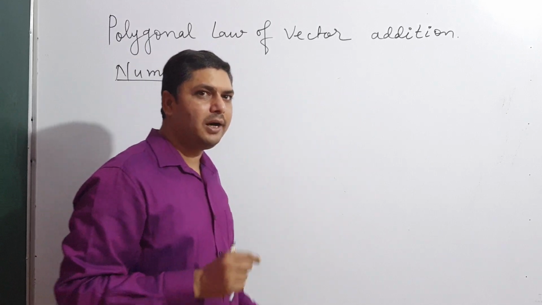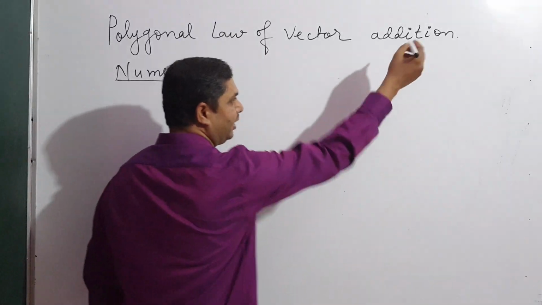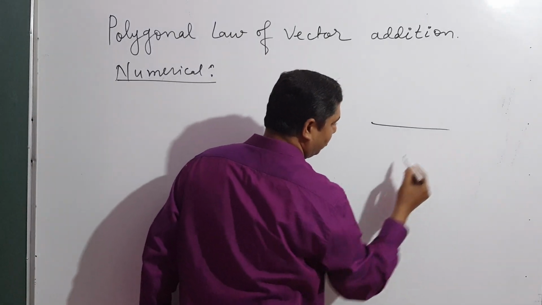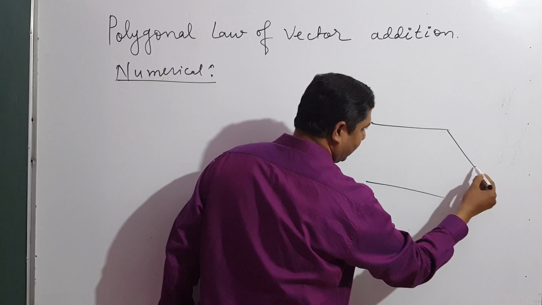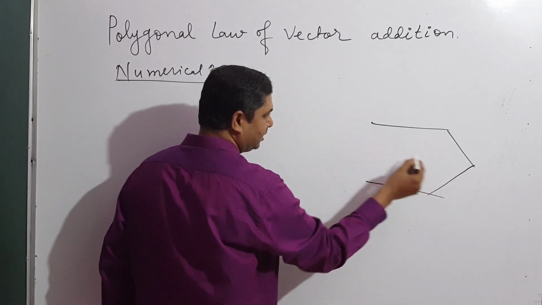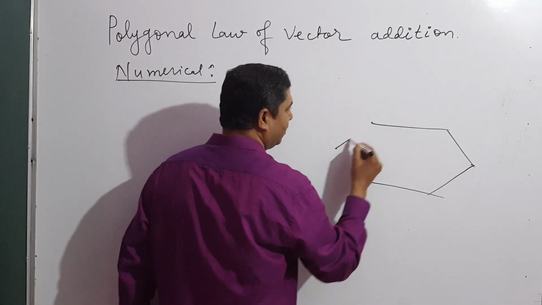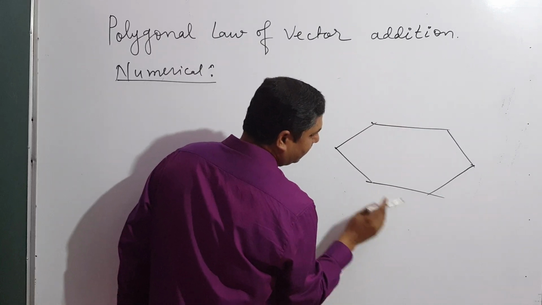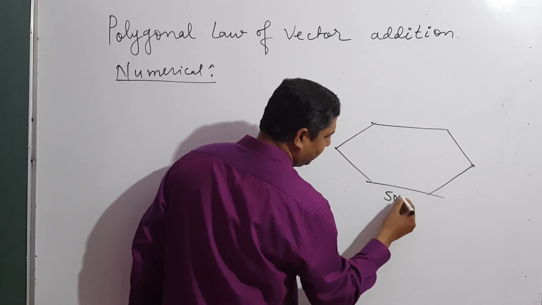Then it forms a regular hexagon. This is the regular hexagon formed by the motorcyclist. Each side is of length 500 meter.